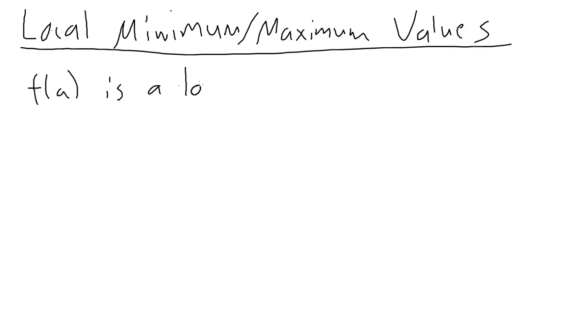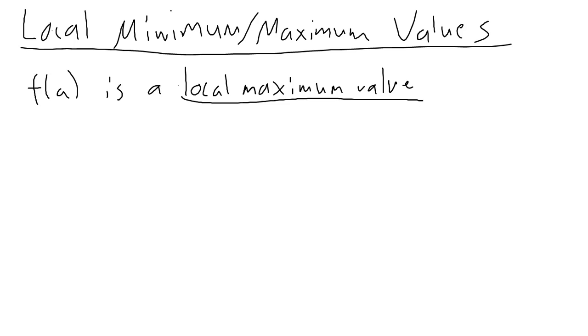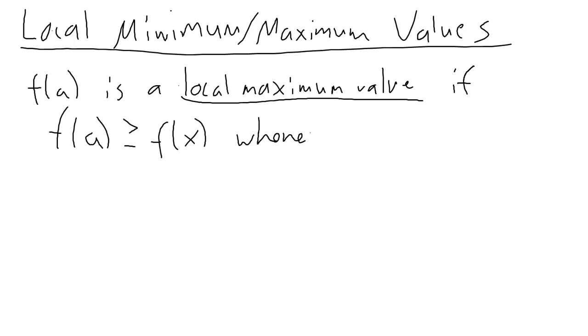We'd call it a local maximum value of the function if that specific value, f of a, is bigger than or equal to every f of x whenever x is near a.